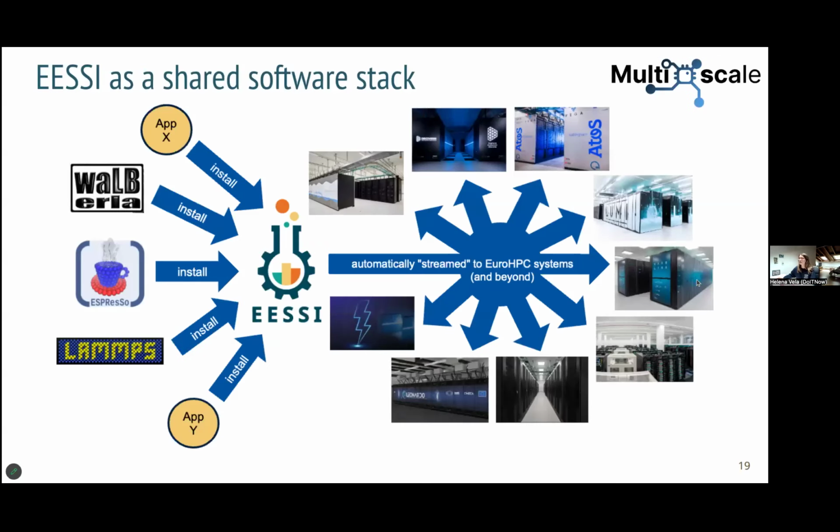So we have the same software stack of applications installed with EESSI, and these are streamed to the EuroHPC systems and beyond. So for researchers that run their codes on different systems, it will be much easier to just load the exact same module everywhere.